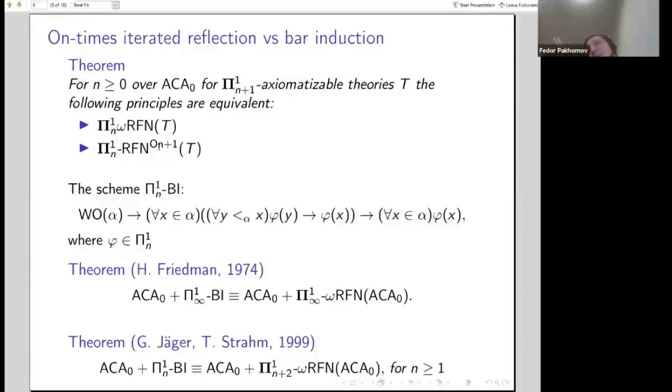But basically the point is that iteration of reflection allows you... so the already Π11 induction corresponds to iteration of Π13 reflection along the class of ordinals.